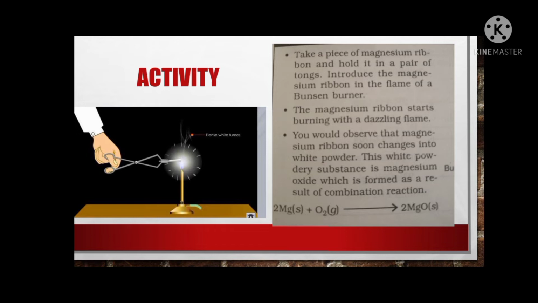You will observe that the magnesium ribbon soon changes into white powder. The white powder so formed is called magnesium oxide. If you put it in terms of an equation, it will be like this: 2Mg + O2 gives rise to 2MgO. This MgO is magnesium oxide formed by the reactants magnesium and oxygen.